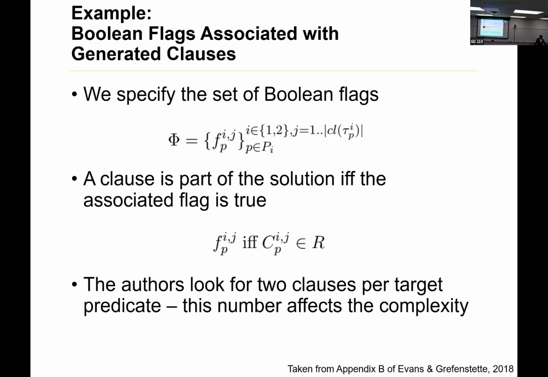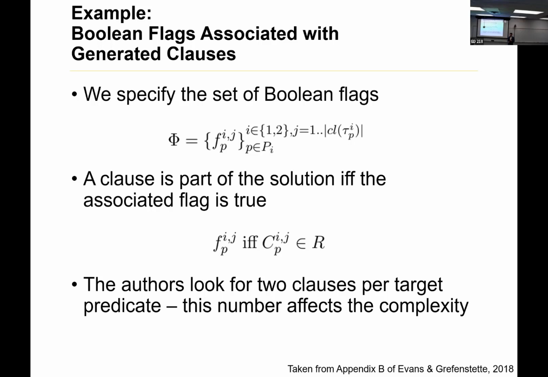And we already talked about the number of templates. In addition, the authors are only picking 2 clauses. And again, this is another exponent in the complexity result, because they're searching a combinatorial space of combinations of rules.